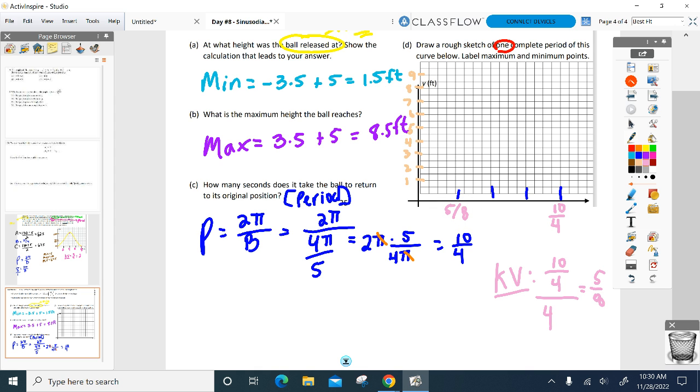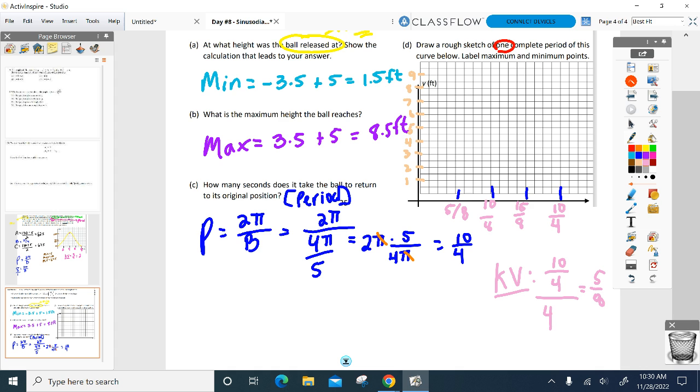And now here's the issue we're having. What comes next? Keep adding that to find the remaining values. So 5/8 plus another 5/8. Plug it right in your calculator if you need to. I'm adding 5/8 every time, or the other way to think about it is keep adding 5 every time and keep the denominator. So 10/8, 15/8.